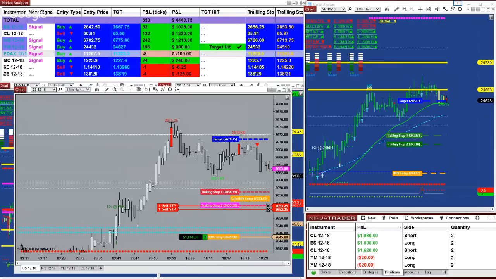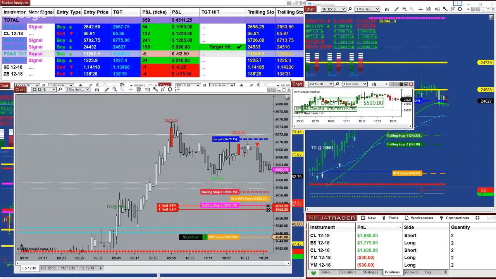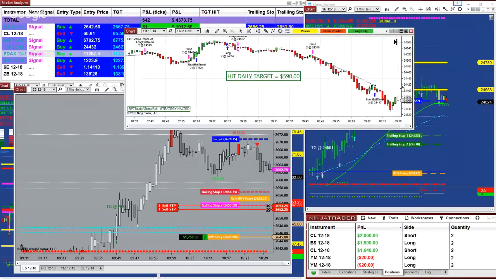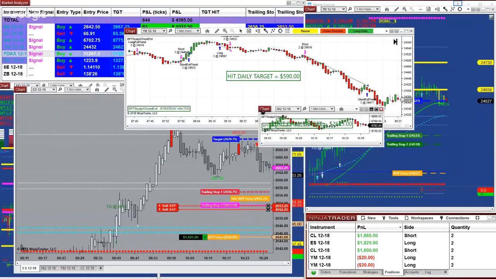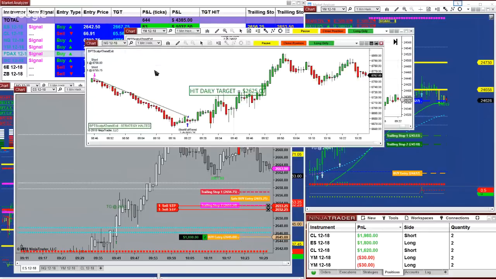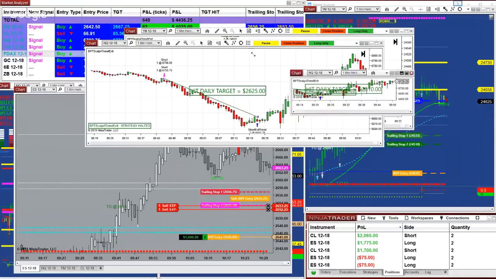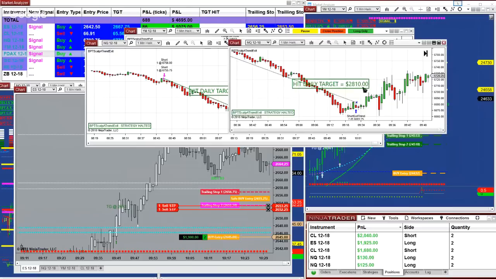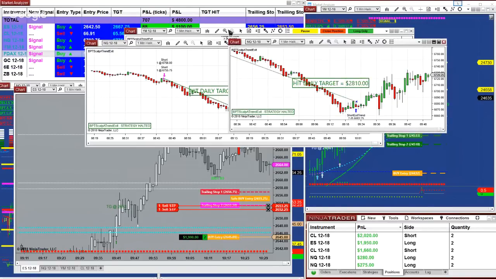on the filtered one, the YM, $590, the NASDAQ 2625. There is $200 between the filtered and unfiltered. This one unfiltered 2810, and this one here 2625.